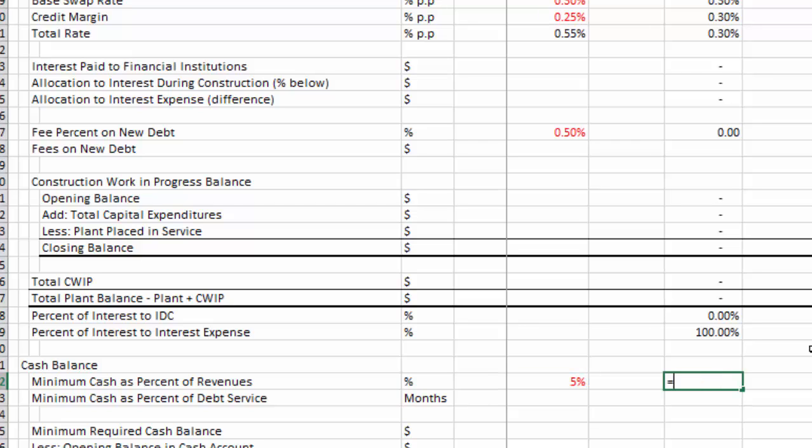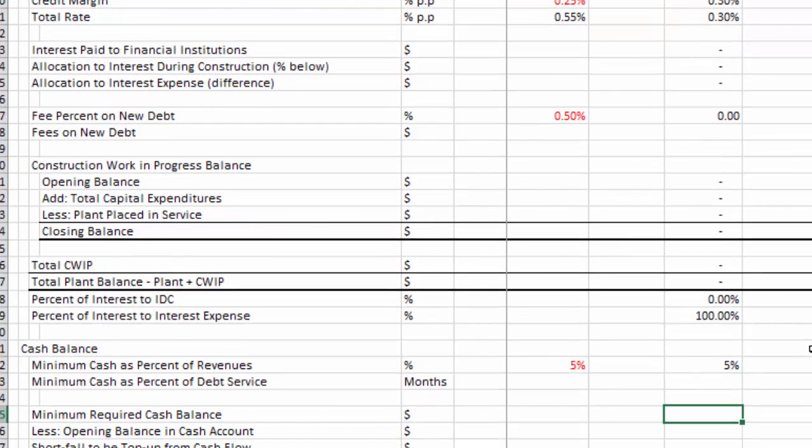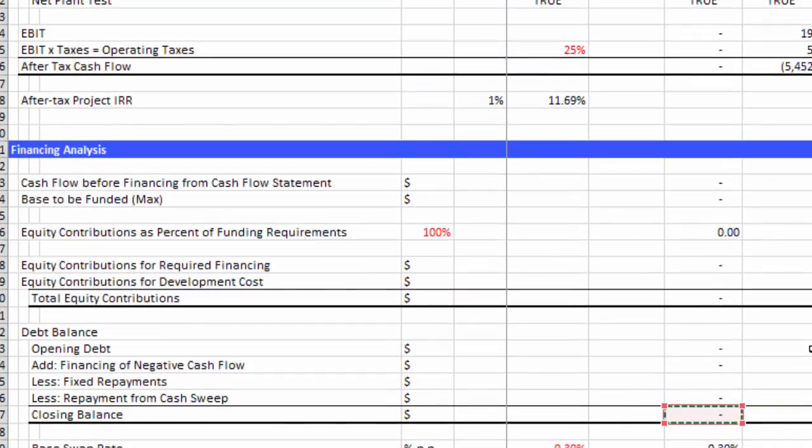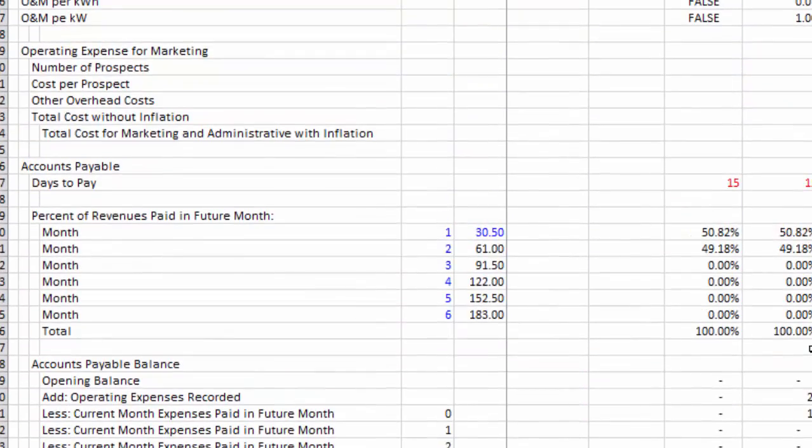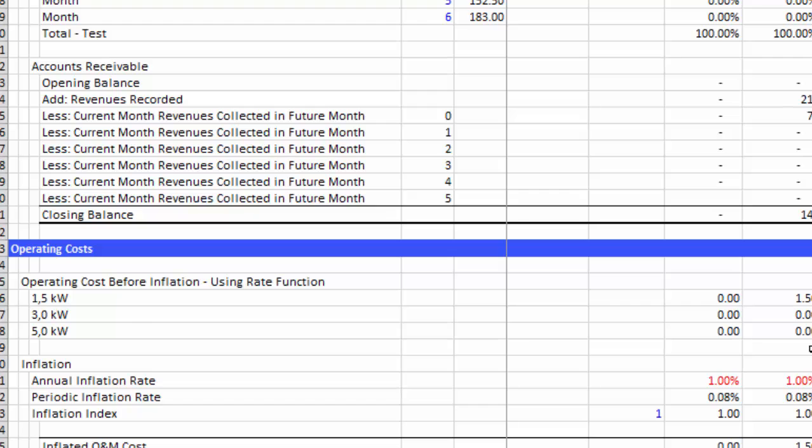Now the minimum cash balance is the amount. Well, this we're just going to show people what this is. Okay, and we can do this. We take this 5% and just multiply it by the revenues.